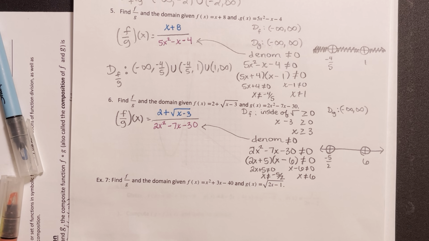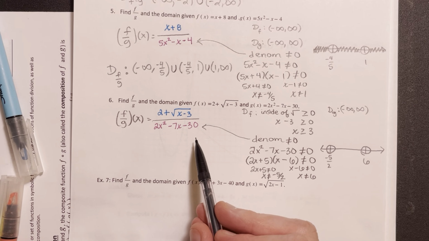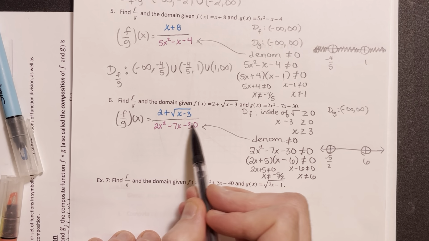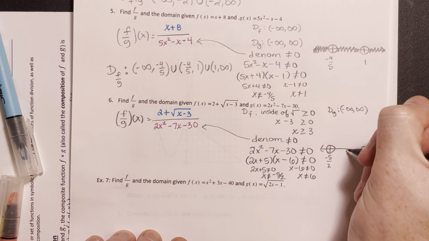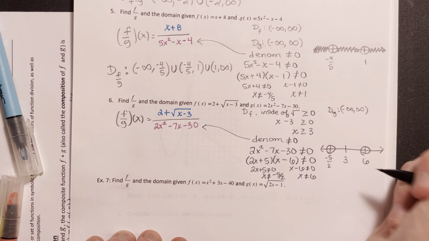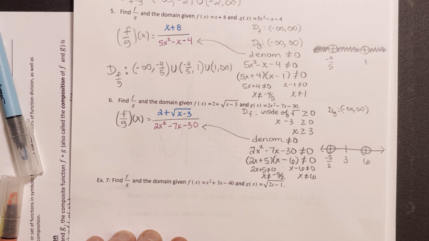However, that was not the only domain restriction. So a lot of times we get stuck into that pattern of finding the denominator, but we also had an issue in the numerator because there was a square root. So we need to consider the fact that f is still going to have those domain restrictions. So we find 3, which is somewhere between negative 5/2 and 6.